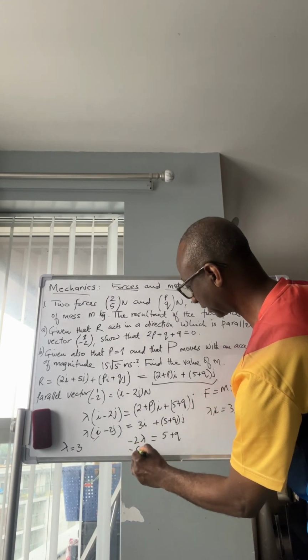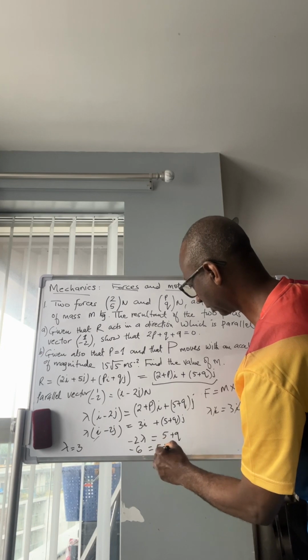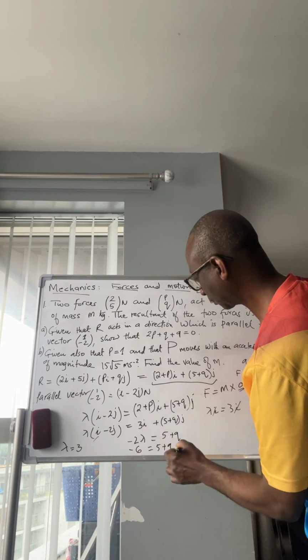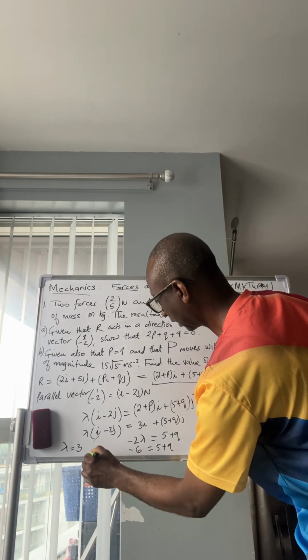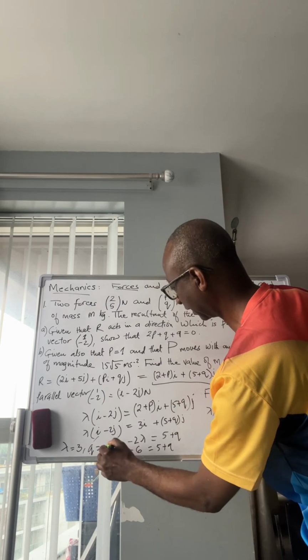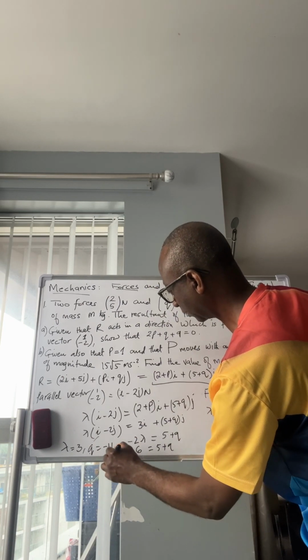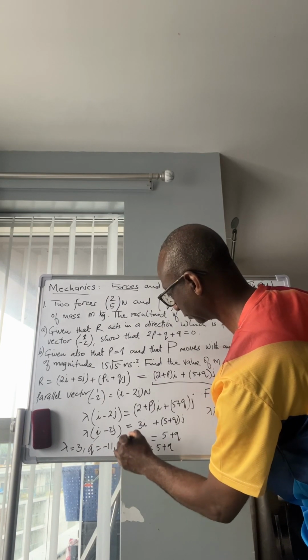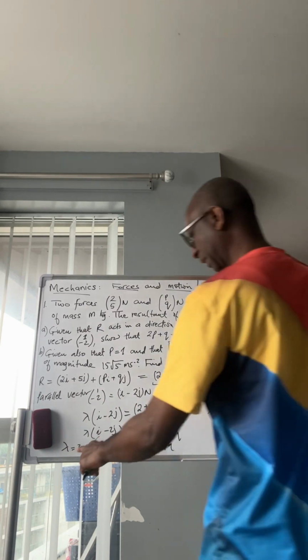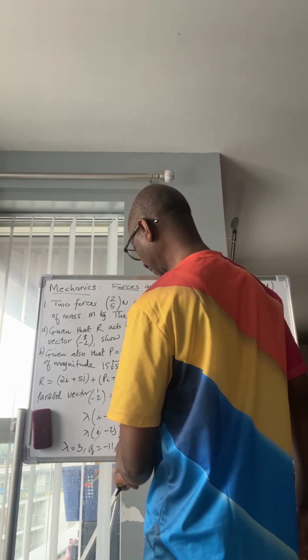So this is minus 6 equals 5 plus q. So what is q? The 5 will go over there. Therefore q is minus 11. And we are told p is 1. Okay? So we got those values now. Lambda is 3, q is minus 11, p is 1.